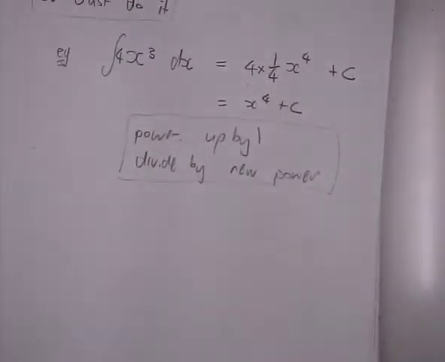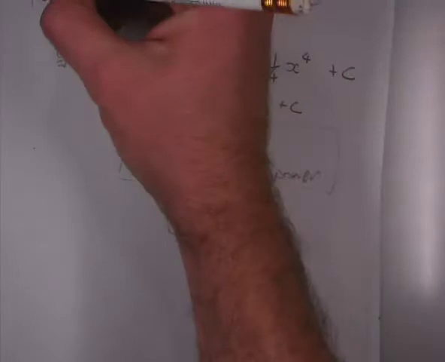And that is the most fundamental of all possible integral techniques. This works for any power at all, except x to the minus 1, because if you put the power up by 1, it'll be 0, and you can't divide by 0.